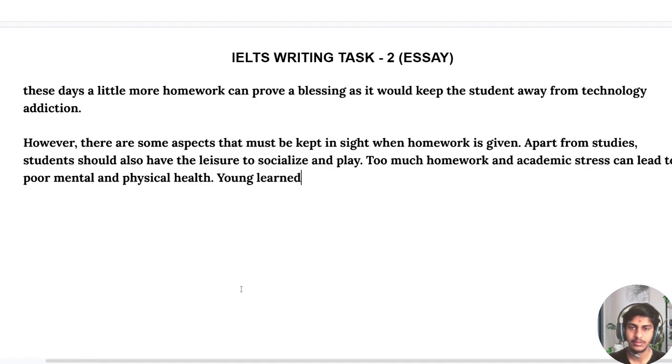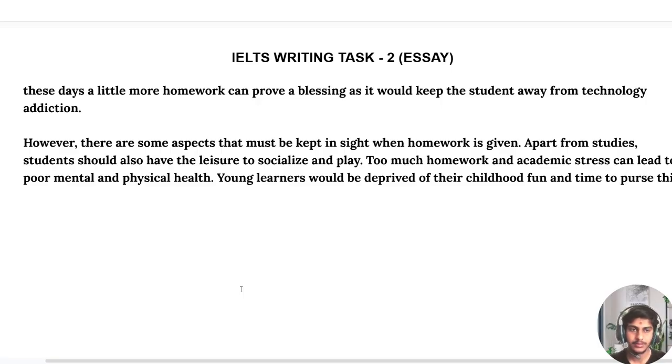Young learners would be deprived of their childhood fun and time to pursue their hobbies.